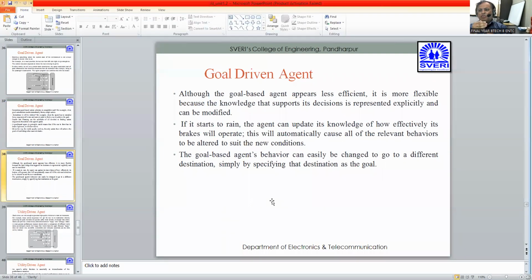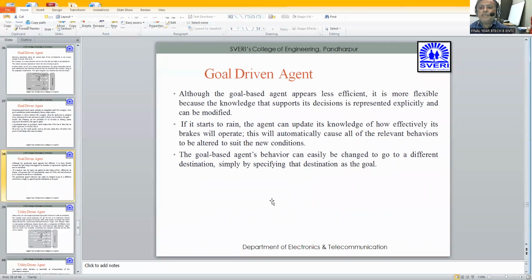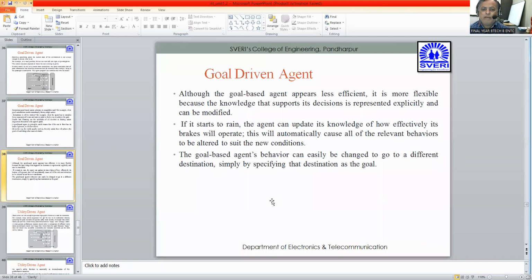Again, the status is checked and again a decision is taken. So you can modify depending upon what will happen if this action is done. If this action is done, what will be the next step? Depending upon that, you can represent the decisions explicitly and they can be modified. So this is a very good thing about the goal-driven agent: it is flexible, but it is not as efficient as it looks.